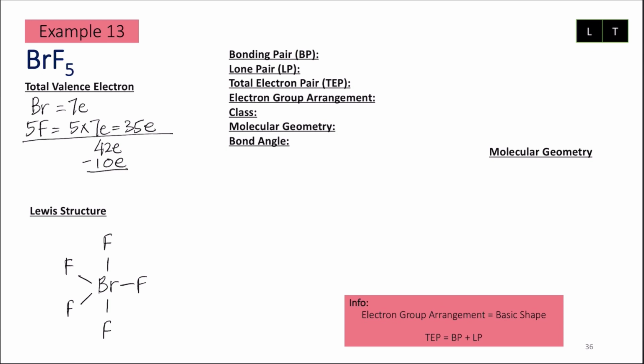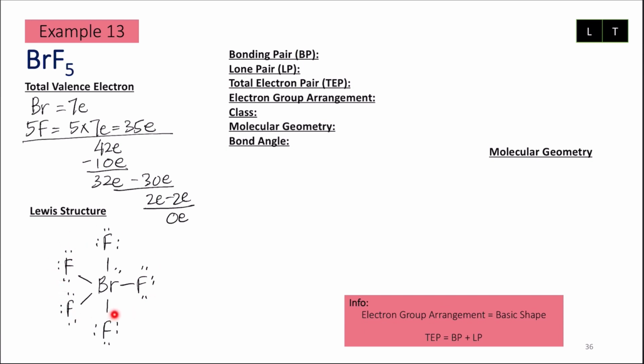So that's why the left will be 32 electrons. After that, each fluorine will have 3 lone pairs, and then you use up already 30. So minus 30 electrons, the leftover will be 2 electrons. So the 2 electrons here will be put at the central atom. Minus 2 electrons, you get 0. So this is the Lewis structure for BrF5.